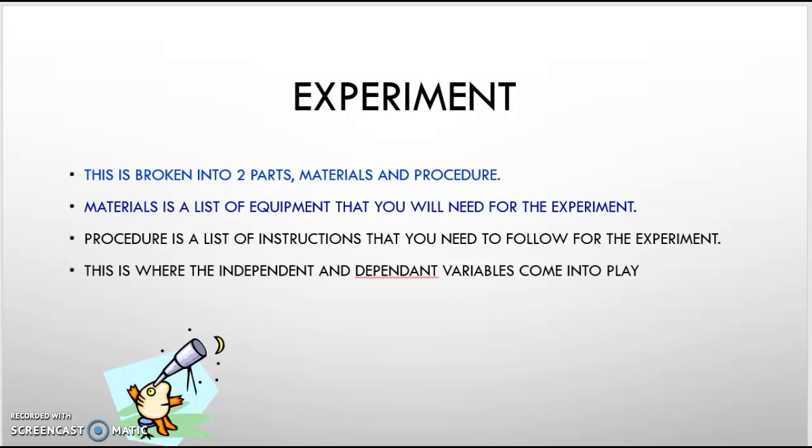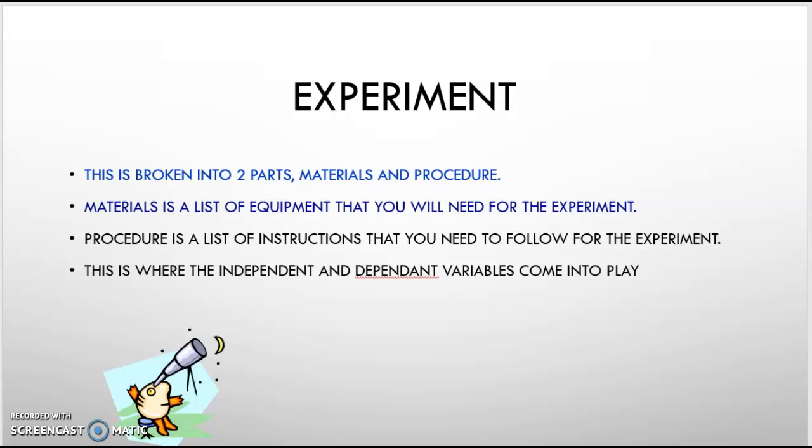So the materials is just a list of equipment that you'll need for the experiment. You want to try to remember even the most simple things, like if you need a pen or a pencil or a piece of paper. Or let's say you were working on melting ice cubes.